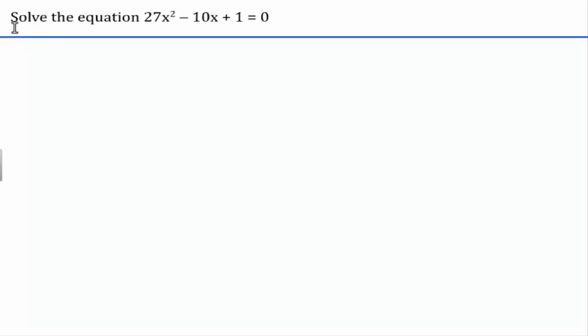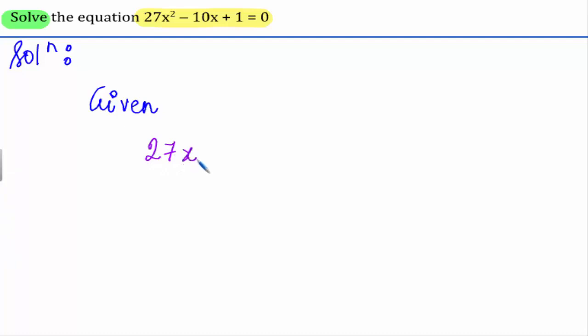In this problem, we are given a quadratic equation. We need to solve this equation. Let us begin with the solution. Given quadratic equation is 27x square minus 10x plus 1 is equal to 0.